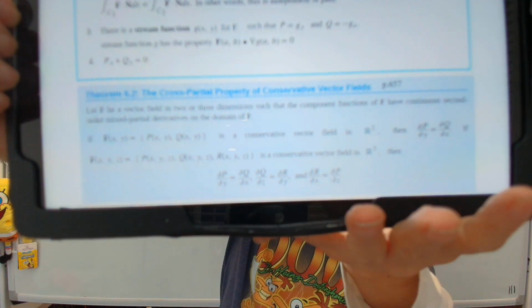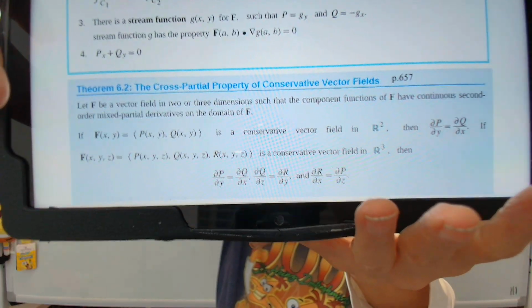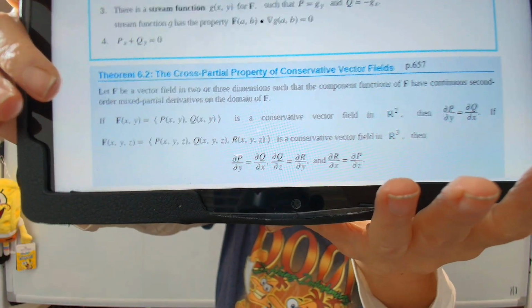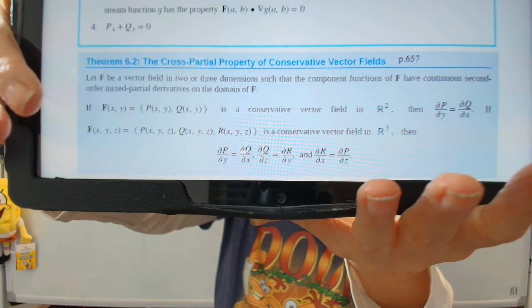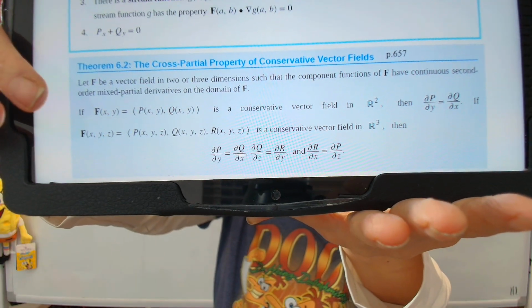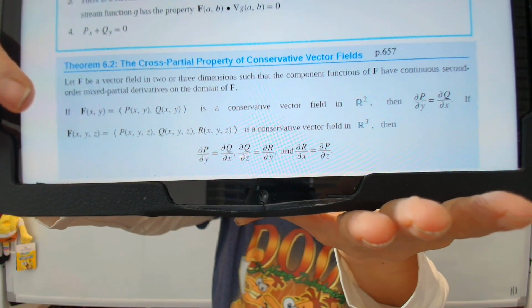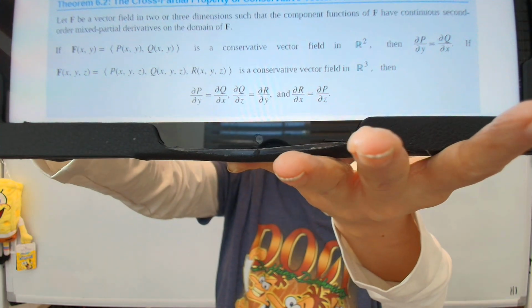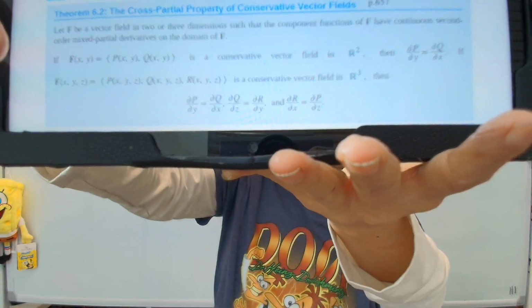That is, on certain conditions, for conservative vector fields, if F is conservative, and we're talking about a 2D situation and a 3D situation, either way, in the 2D situation Py equals Qx. In the 3D situation, you have that bunch of equalities down there.